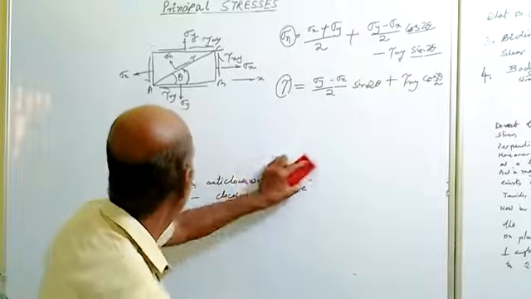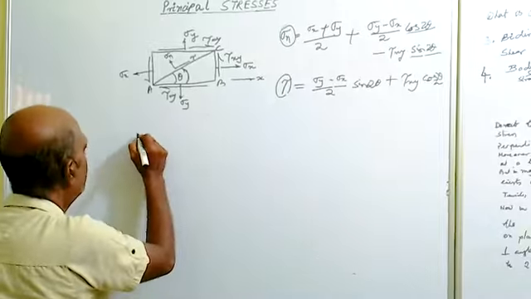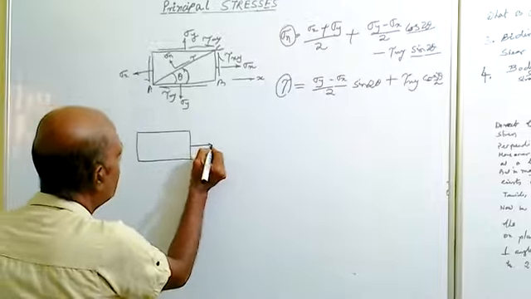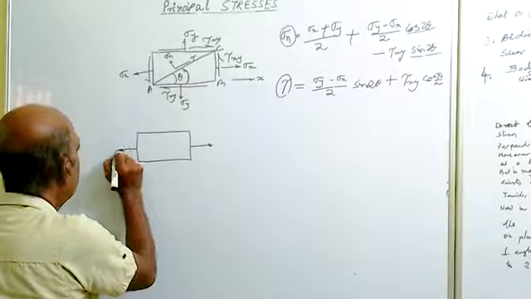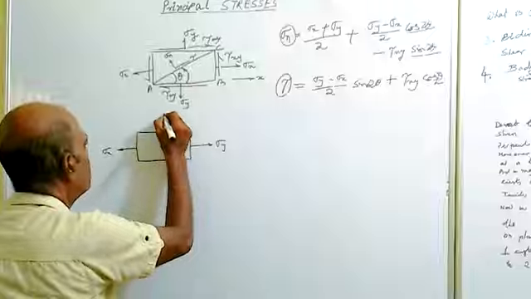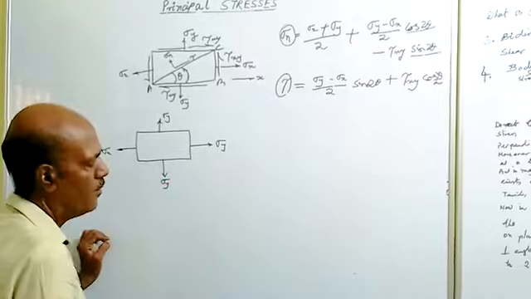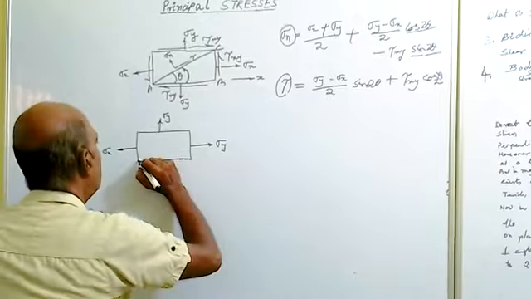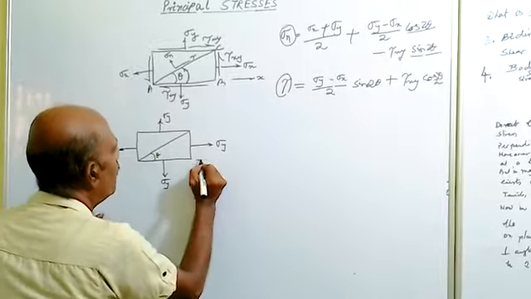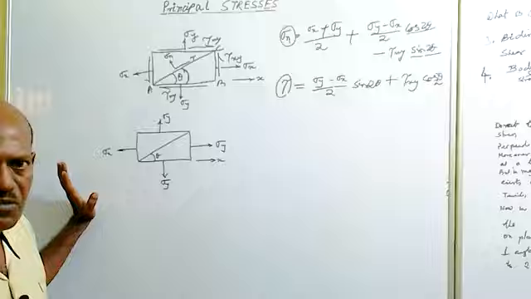Let the first case, or second case: the body is under sigma x stress along the x direction, the body is under sigma y stress along the y direction, and shear stress is 0, and the inclined plane makes an angle theta with the x direction. We have to find the formula for this case.